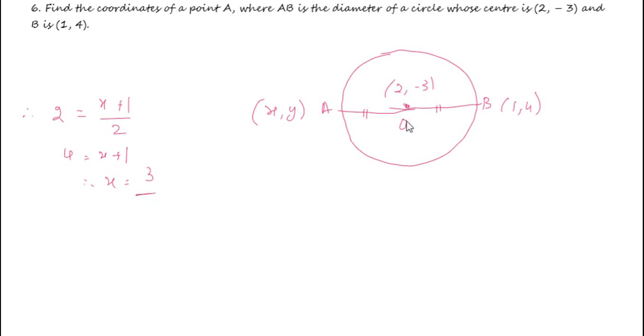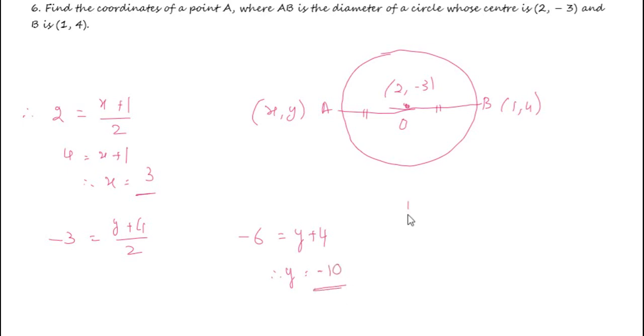Y coordinate of midpoint O, that is minus 3, equals (y1 plus y2) by 2, that is (y plus 4) divided by 2. Multiplying minus 3 with 2, minus 6 equals y plus 4, therefore y equals minus 10.